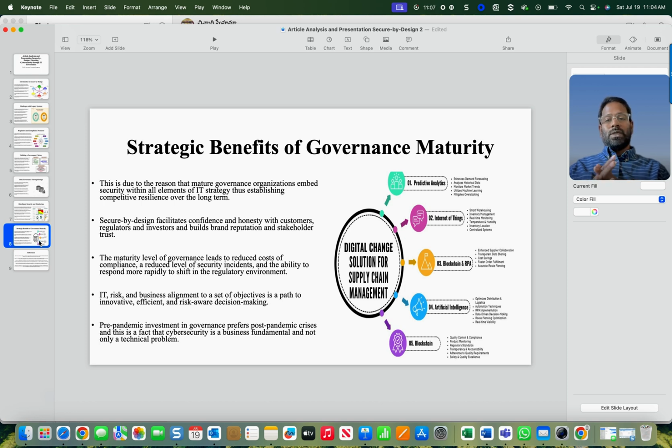That is the strategic benefit of governance maturity. Having a strong governance maturity team in an organization helps to grow the business and create trust between customers and the business. You can also go through the image that I presented in this slide.